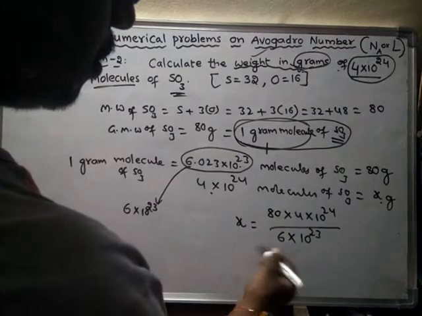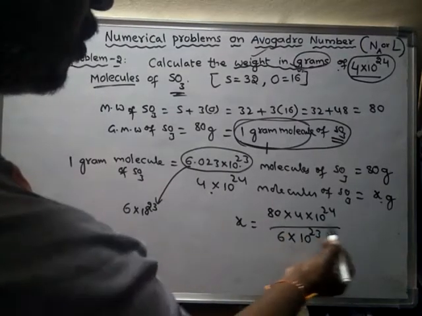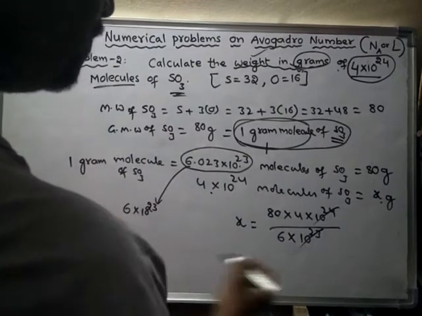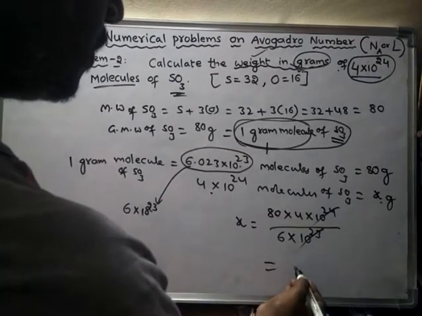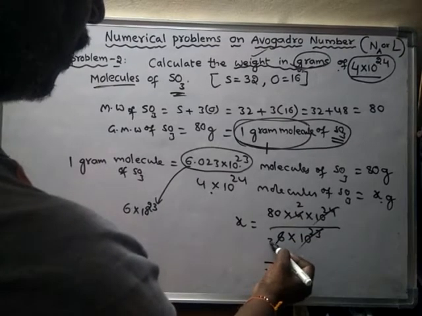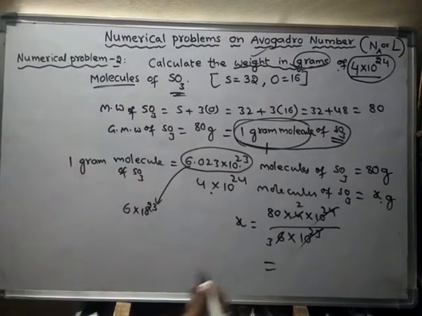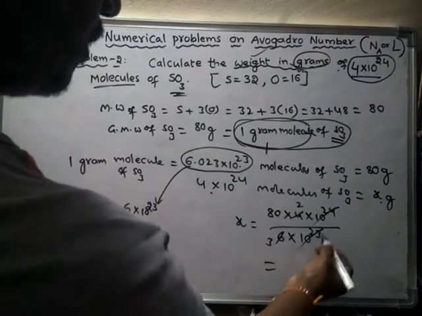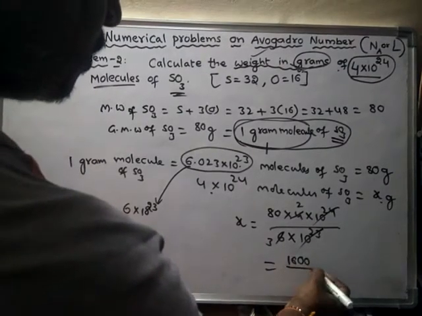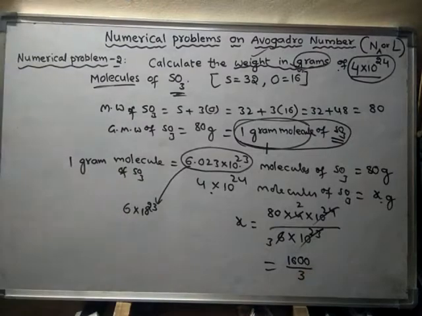Now just do it. 2 2s are 4, 2 3s are 6. 160 by 3, 1600 by 3.